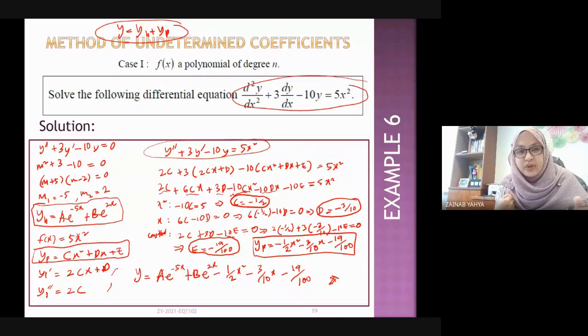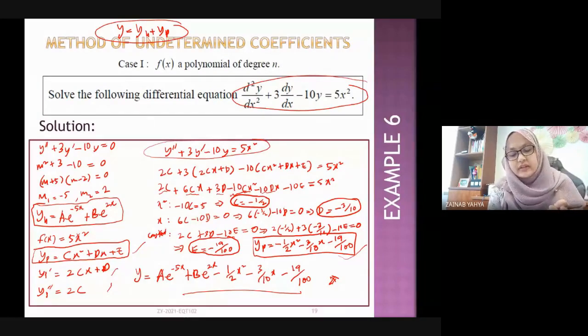Find the unknowns, substitute their values in the yp, and then combine yh and yp to get the final answer. Simple, right? Very simple, as long as you know how to find the correct yp.